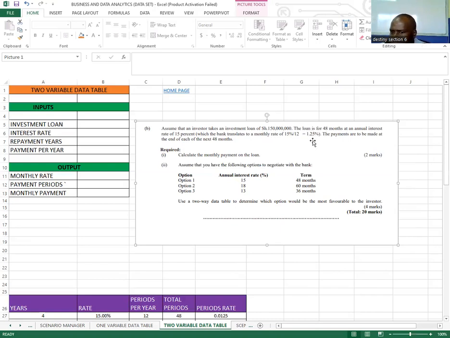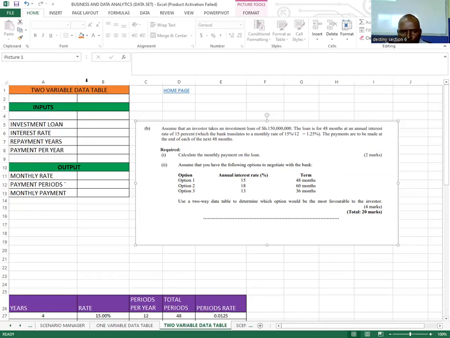So the monthly rate will be 1.2%. The payments are to be made at the end of each of the next 48 months. Okay? Required, number 1: calculate the monthly payment on the loan.